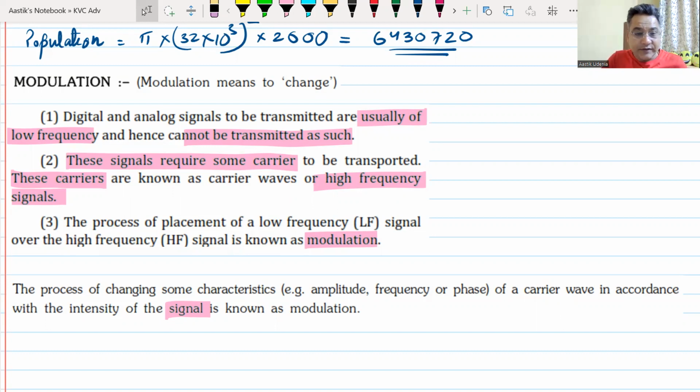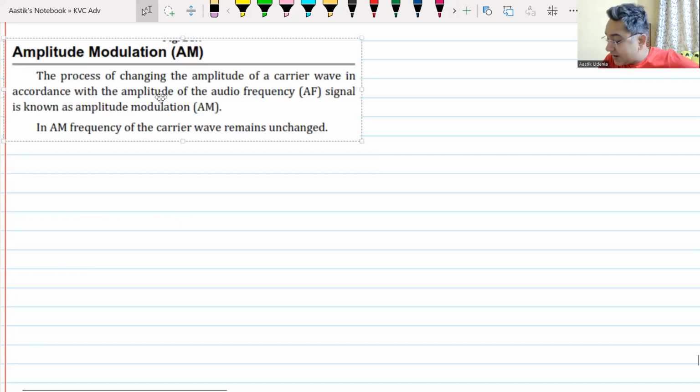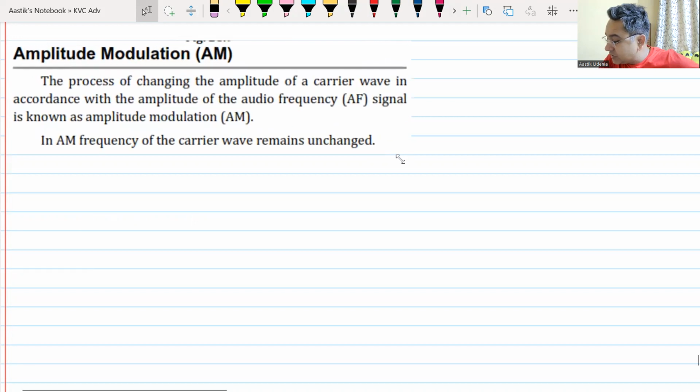Now we will move on quickly onto the types of modulation. We will be dealing with the modulation in continuous wave, and the first type of modulation that we are going to deal with is known as amplitude modulation.